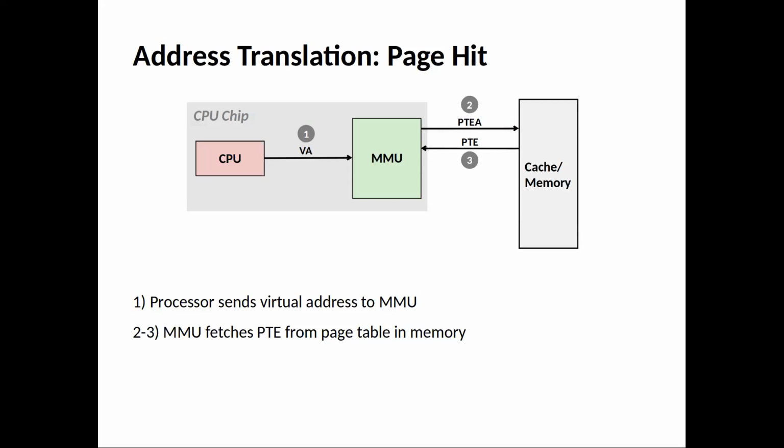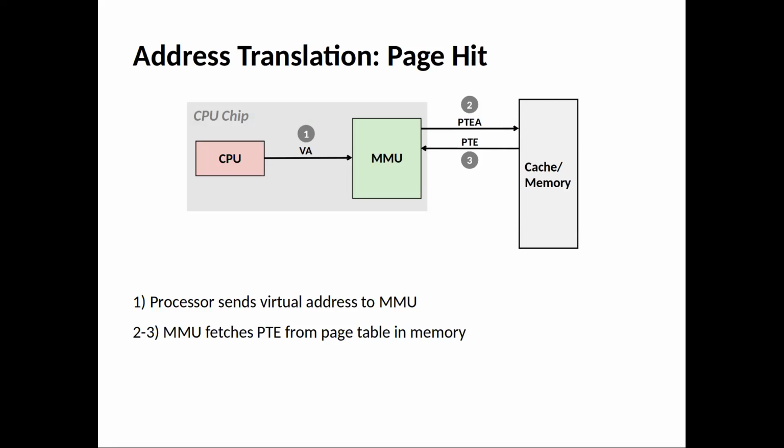Because remember, from the virtual address, we can extract the virtual page number, then the virtual page number is basically an index in the page table array. And we now know, let's say, that we need to retrieve page table entry 1. So the memory management unit will request that.